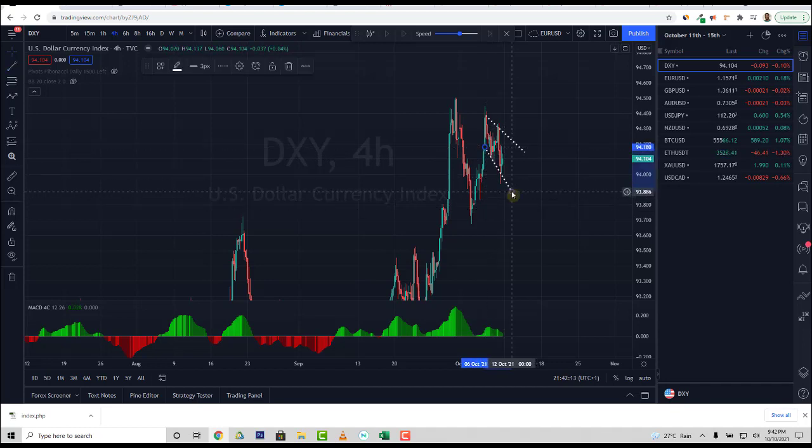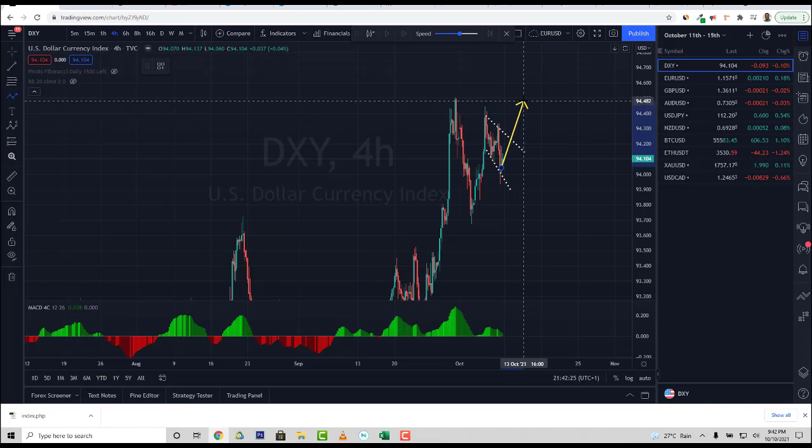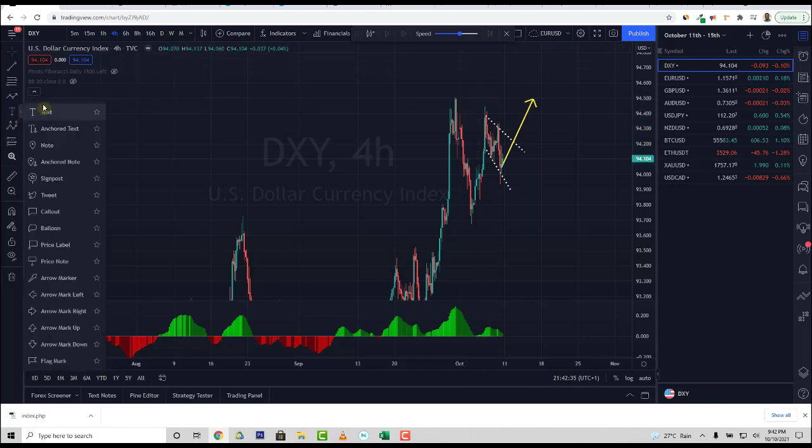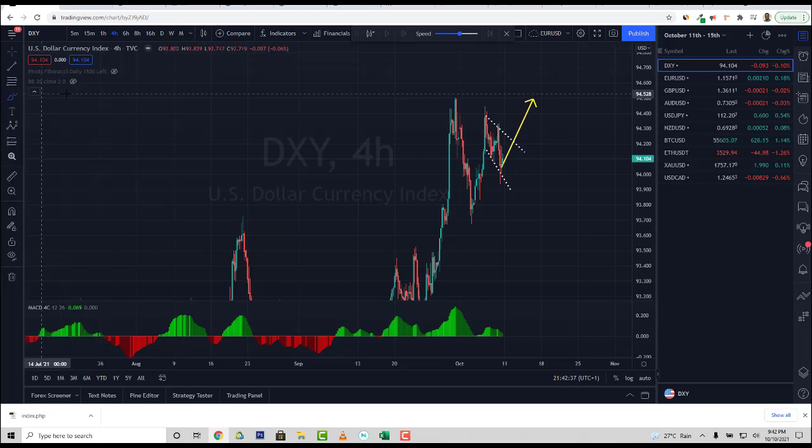So what I'll be expecting for DXY this coming week is that it needs to give us at least one more impulse upwards, which could most likely break these zones right here.